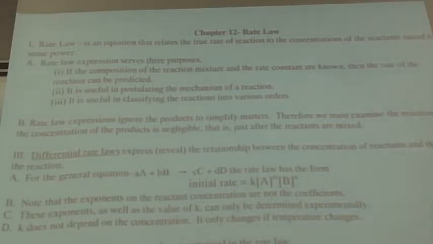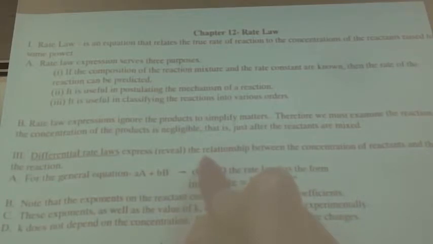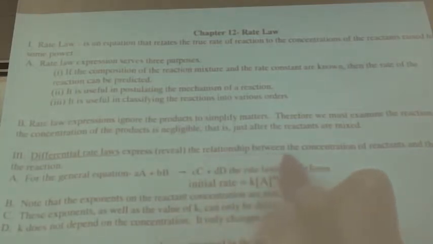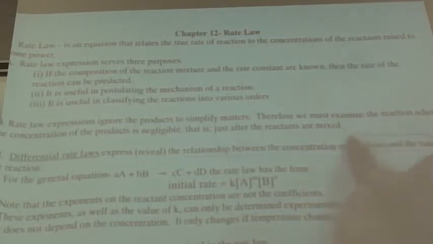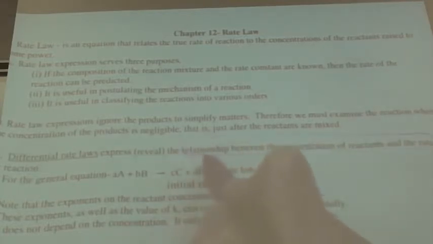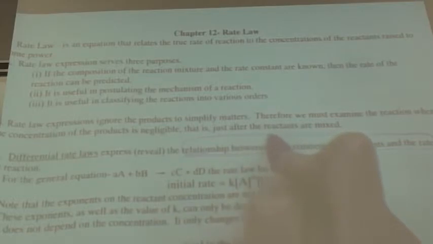All right. Now, there are 2 types of rate laws. This is the first one that we're going to pay attention to. Let's start right off the bat and not confuse ourselves. This is the differential rate law, and it shows you the relationship between the concentration of the reactants and the rate of the reaction.